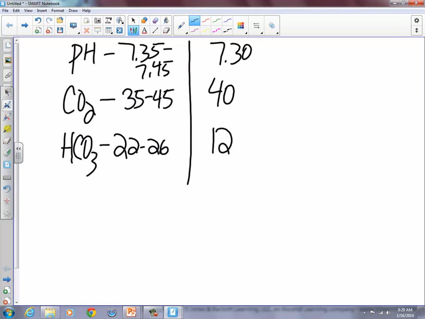Alright, so I've got a decreased pH, I've got a normal CO2, and I've got a decreased bicarb. I meant to say pH up there. Metabolic or respiratory? Metabolic. Now, how is it that we could have a normal CO2 but still have a decreased pH?